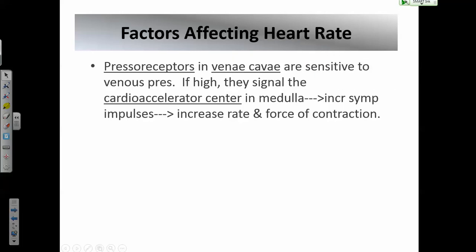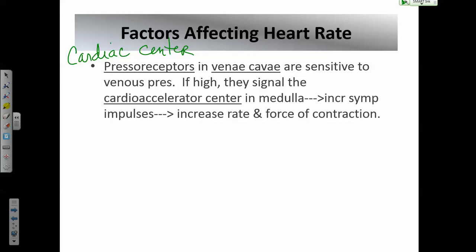You have a place in your brain stem called the cardiac center. It's one of your vital control centers. The cardiac center is in the brainstem, specifically in the medulla. And there's two parts to it.